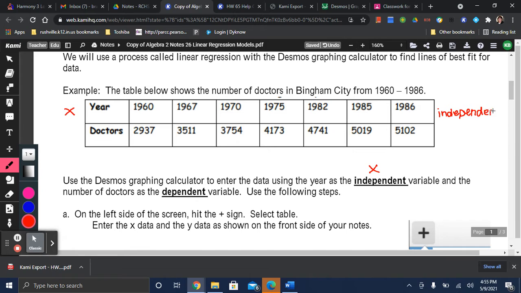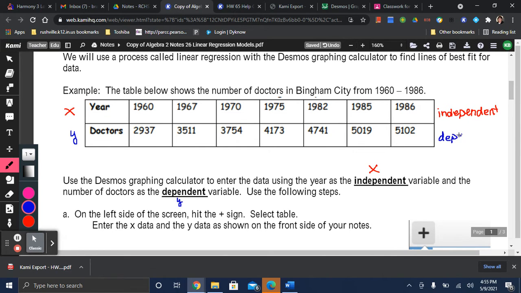And then the dependent variable is the one that you're trying to make predictions about. So, for example, how many doctors would be in this town in a year? So it depends on whatever that independent variable was. And so generally that is the Y value.